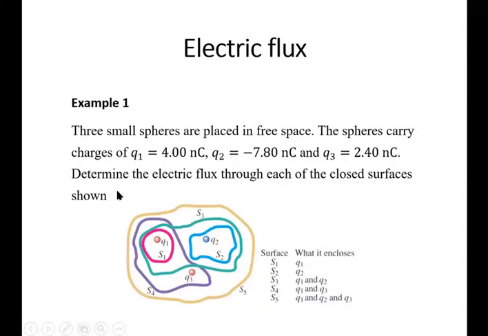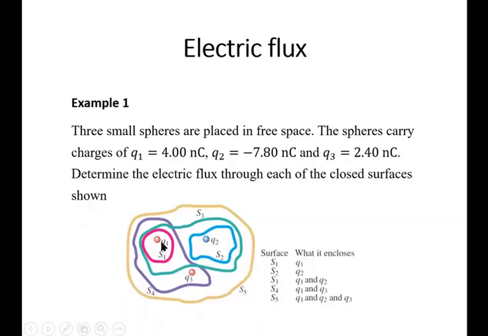So let's see if we can apply Gauss law and make sense of what we are talking about. Our first example: 3 small spheres are placed in free space. The spheres carry charges Q1, Q2, and Q3, with values given. Determine the electric flux through each of the closed surfaces.